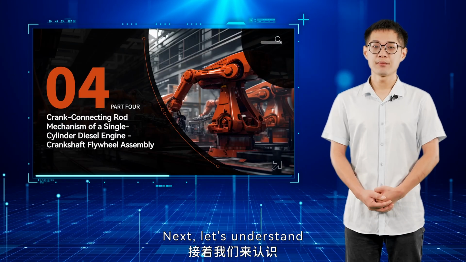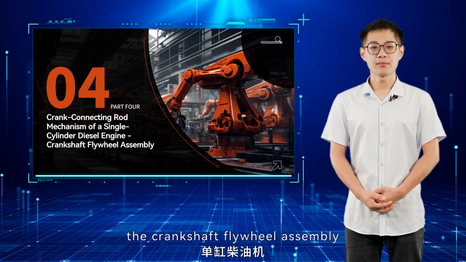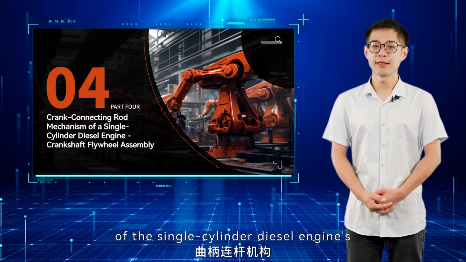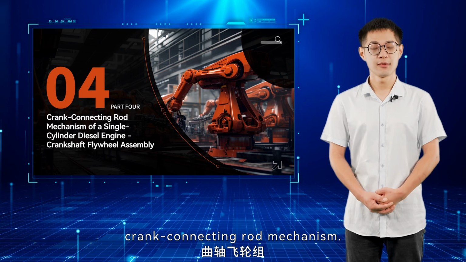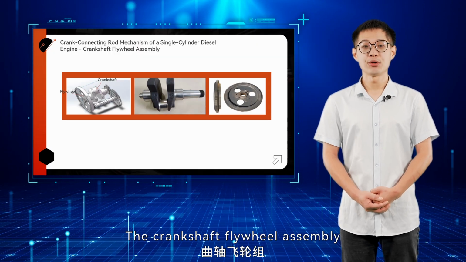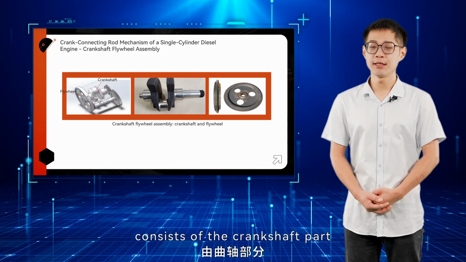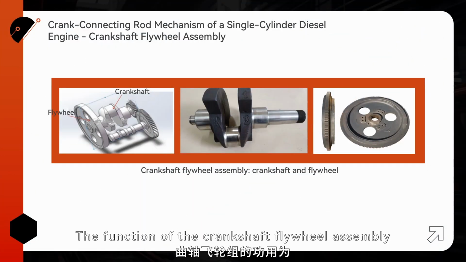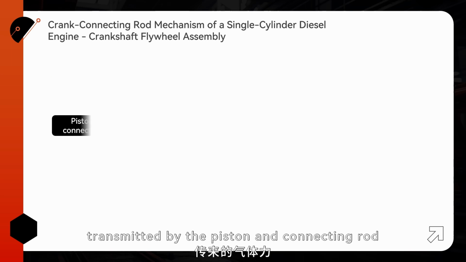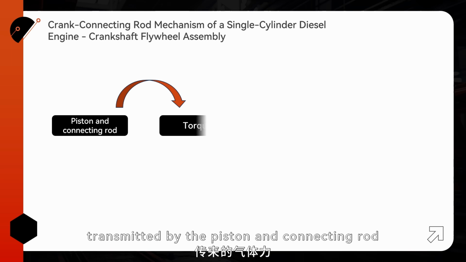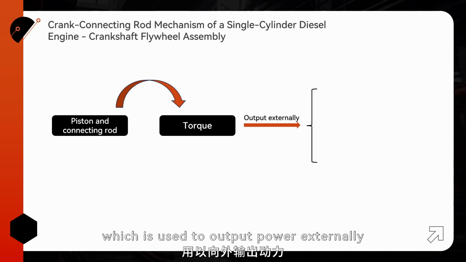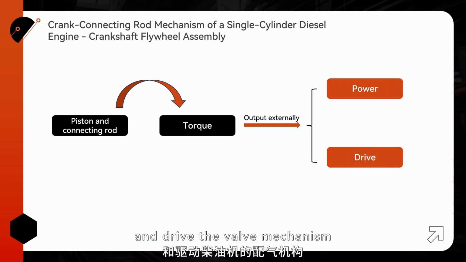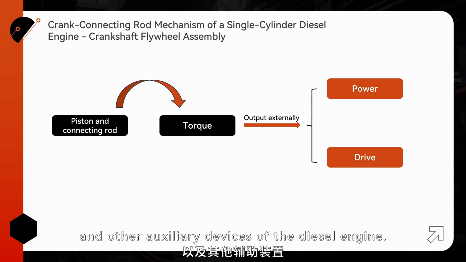Next, let's understand the crankshaft flywheel assembly of the single-cylinder diesel engine's crank connecting rod mechanism. The crankshaft flywheel assembly consists of the crankshaft part and the flywheel part. The function of the crankshaft flywheel assembly is to convert the gas force transmitted by the piston and connecting rod into torque, which is used to output power externally and drive the valve mechanism and other auxiliary devices of the diesel engine.